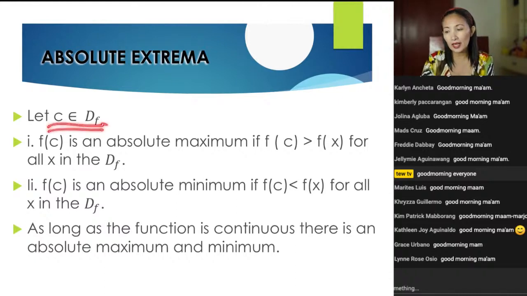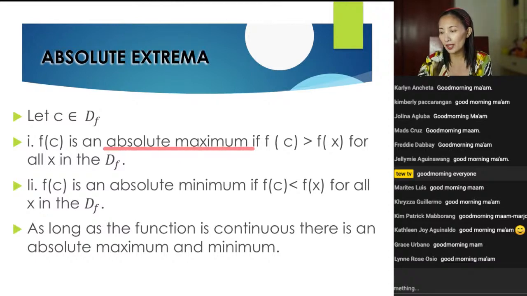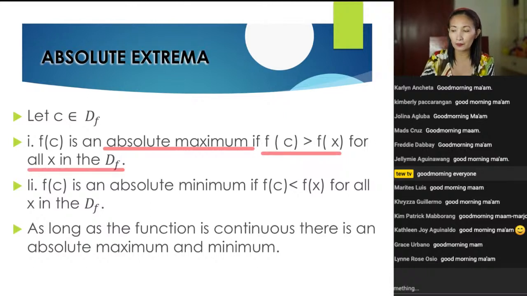Number 1, f of c is an absolute maximum if f of c is greater than f of x for all x in the domain.